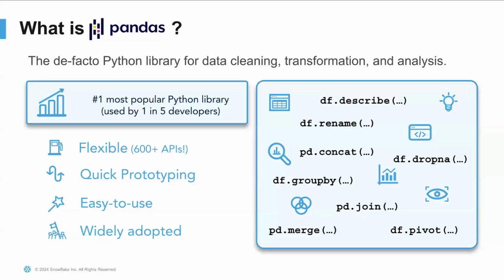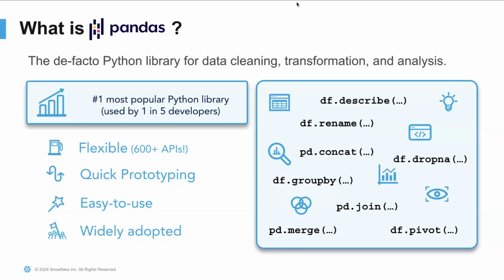To get started, many of you have probably heard of Pandas if you've ever worked with Python or data science tooling. Pandas is a super popular data science library that's used for data analysis, data cleaning, transformation, and so on. The reason Pandas is so awesome is because it's super flexible and very expressive.